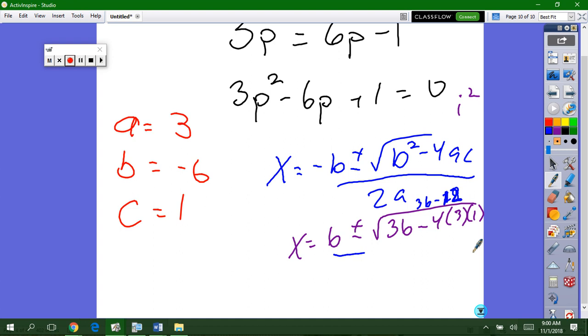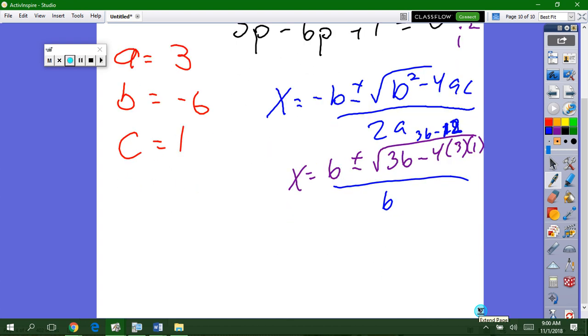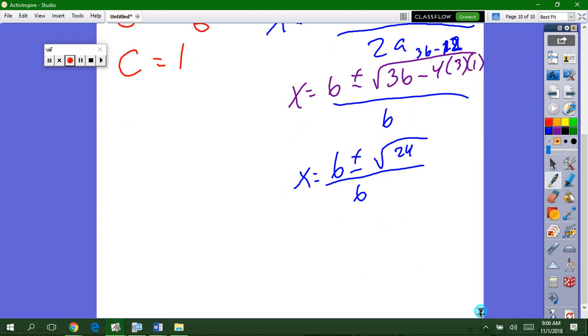Okay, all over 2A, which is 6. Square root of 36 minus 12 is 24 all over 6. But what can we do with the 24? Simplify.